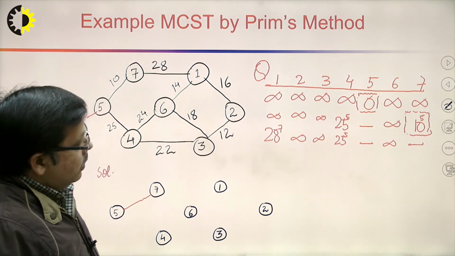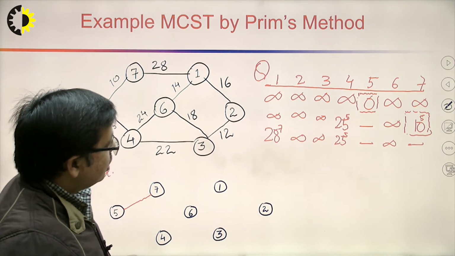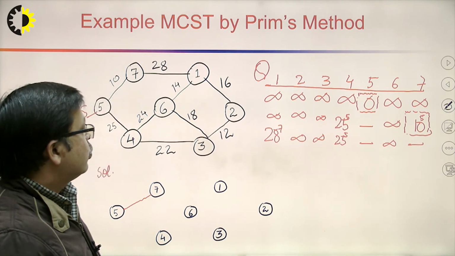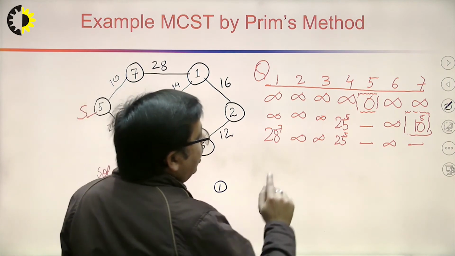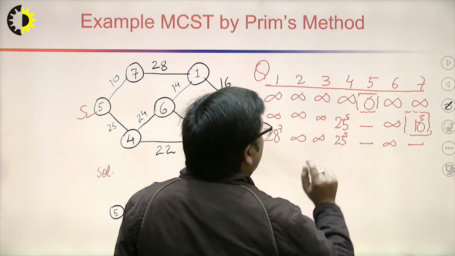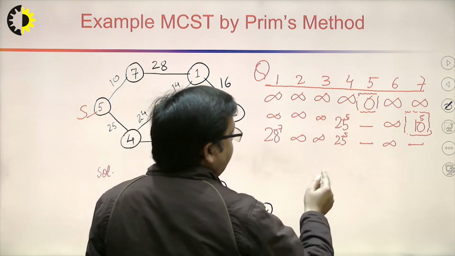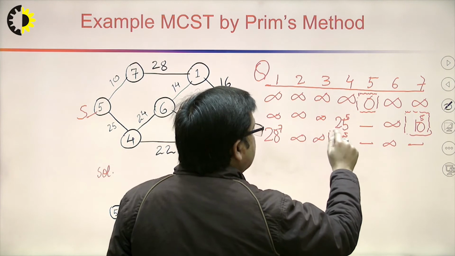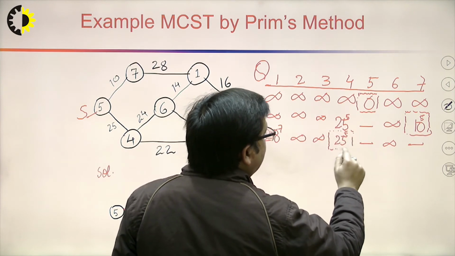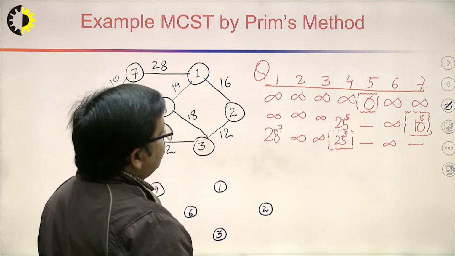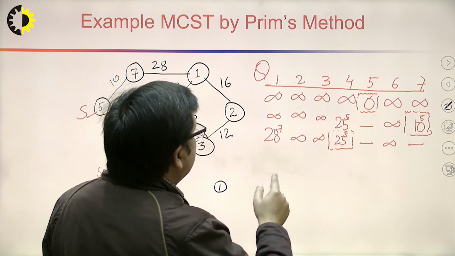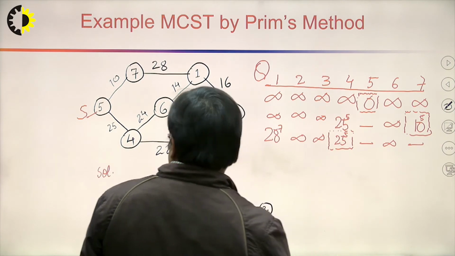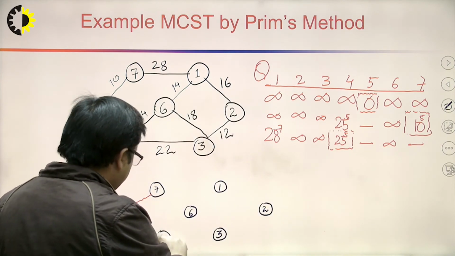Now, look at the status of the queue and find which one is smallest. Node 4 has the smallest weight in the queue. So, we remove this node from the queue, and before processing it we connect node 4 with its parent, that is 5. So, we connect 5 and 4.